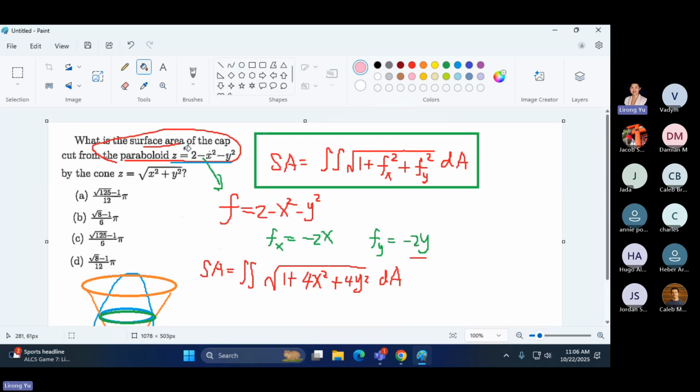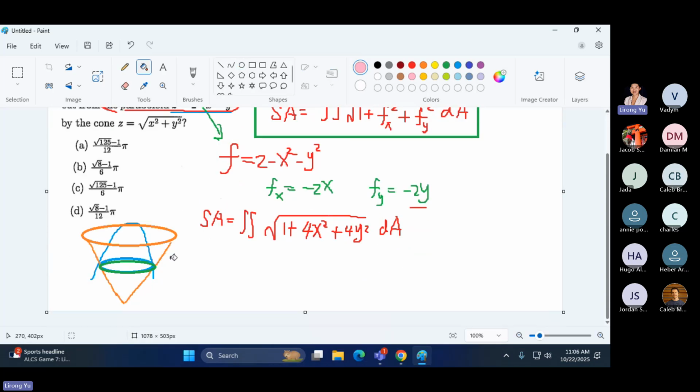So that's the cap, cut by the cone like a cutter. This is the top part of it, only the cap part of the paraboloid. So you can see what the integration region is. It will be the edge, which is that circle projecting onto the xy plane.